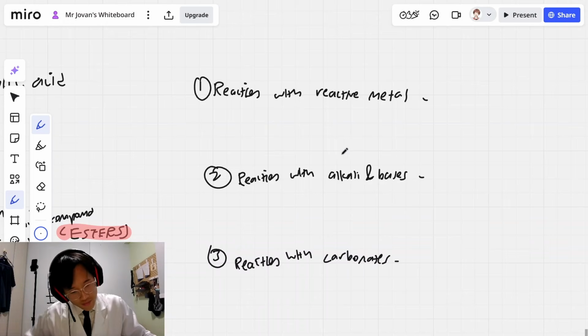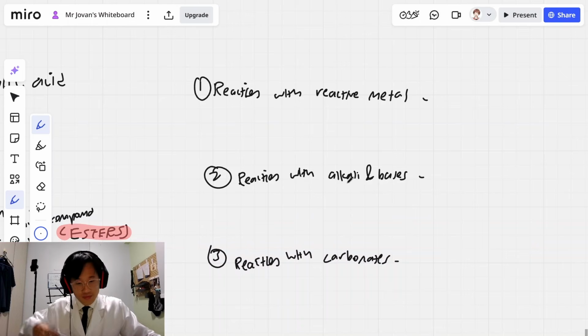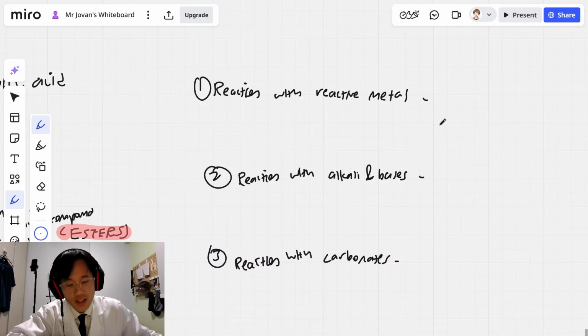Okay, so what are the products of all of these? When you react an acid with a reactive metal, you get salt and hydrogen gas.